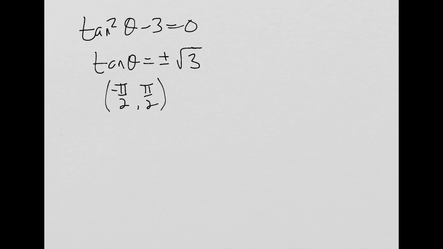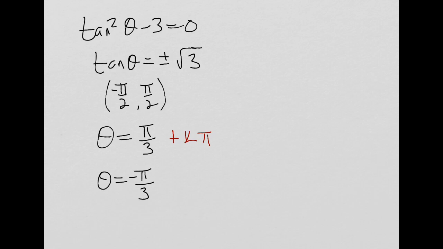Again, you go back to our chart that we made earlier, and we see that theta could equal pi over 3, or theta could equal negative pi over 3. But because of periodicity, we'll have to add k pi to account for trips around the circle.